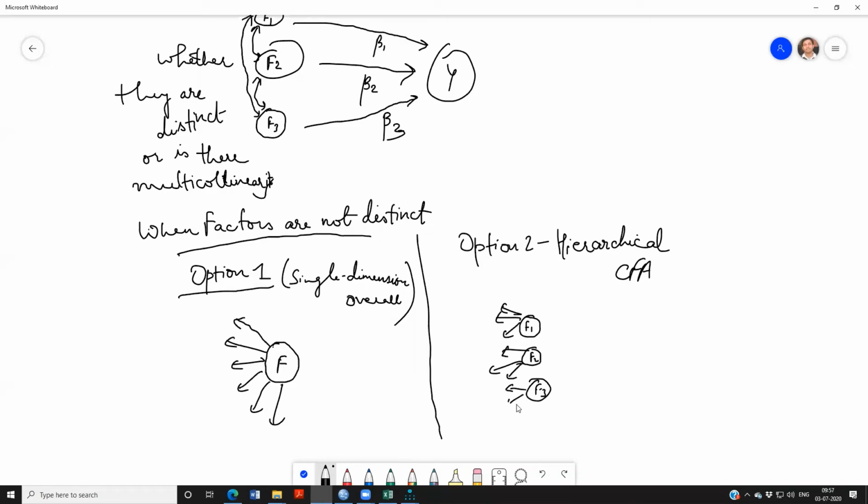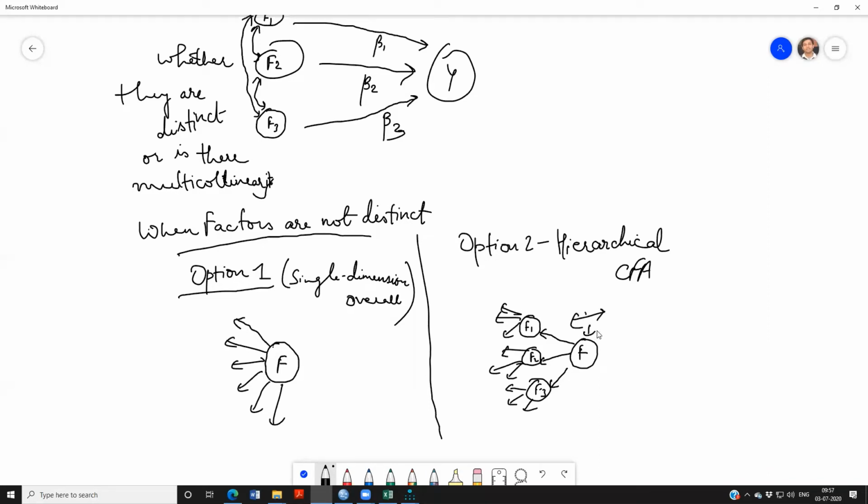Now, because they are not distinct, I will model a second order latent factor which is going to cause these, and for all my analysis I am going to work with this factor.